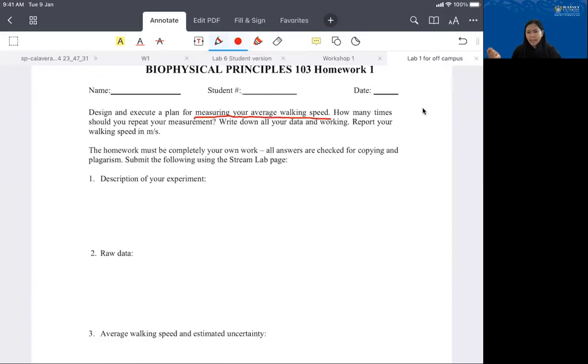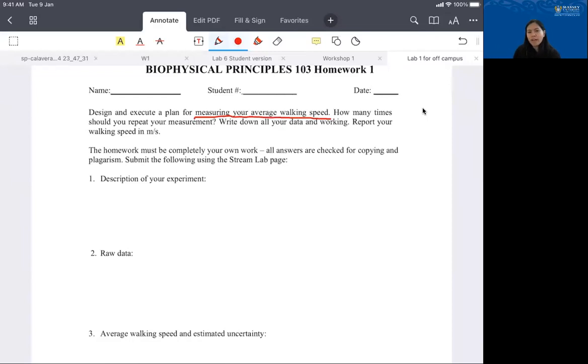I know some phones can also measure distance, or some smart watches. You can use that instrument, but remember that even if you use those accurate measuring devices, there will always be some uncertainty or variability in your average walking speed.